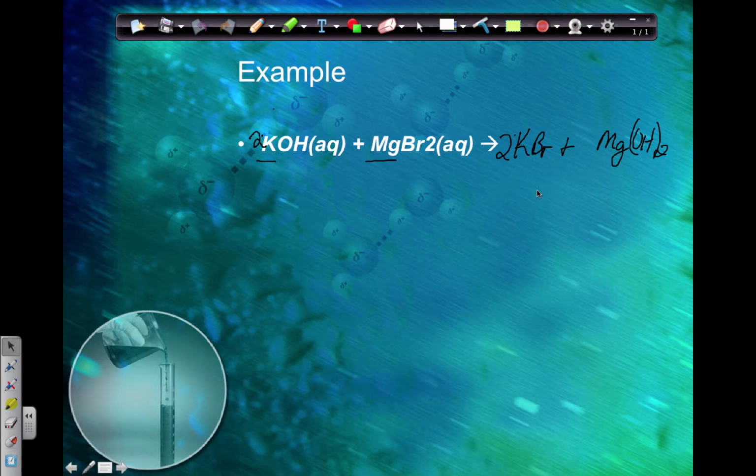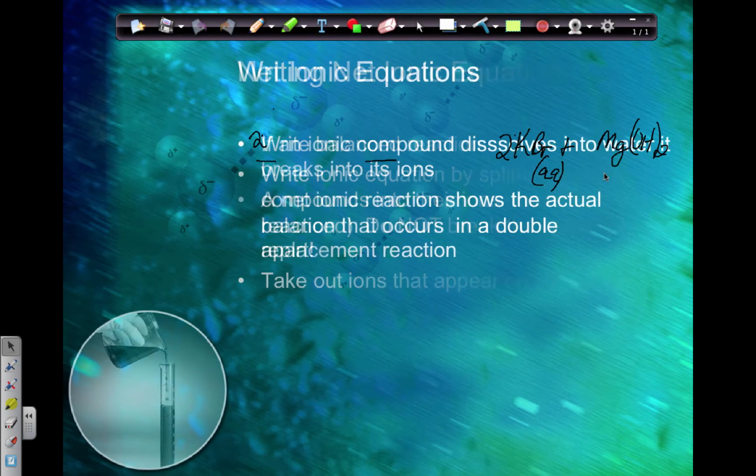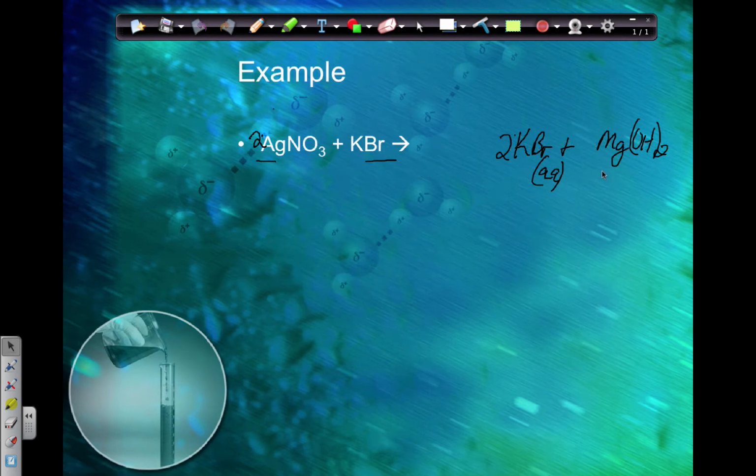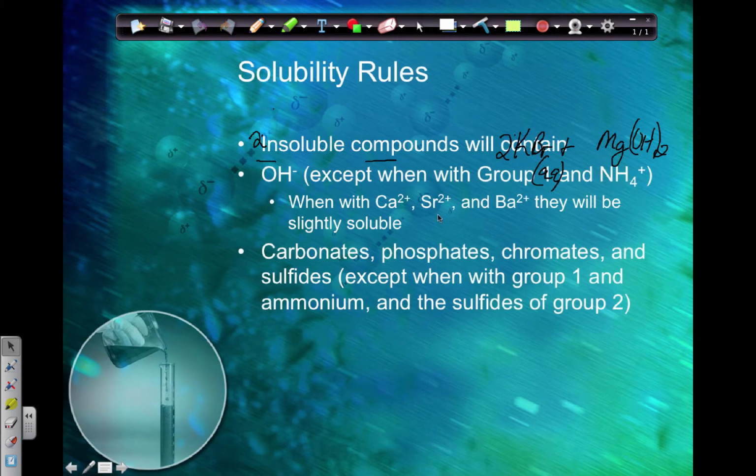Well, let's look. We've got potassium, which is group 1, so this means it's soluble. So that's aqueous. And magnesium hydroxide. Well, hydroxides are usually insoluble. Let's actually go back and look at our rules. Hydroxides are insoluble except when they're with group 1 or ammonium.